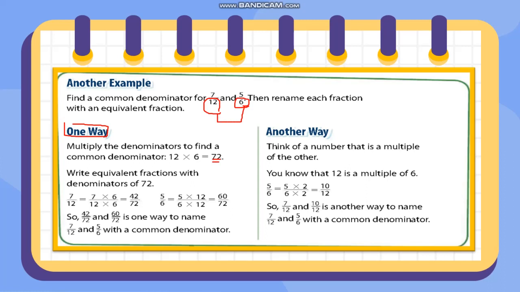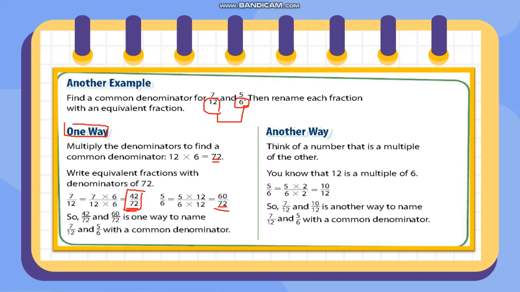So 7/12: 12 multiplied by 6 is 72, so 7 multiplied by 6 is 42. The equivalent fraction of 7/12 is 42/72. For 5/6, if I multiply 6 by 12, that is equivalent to 72.